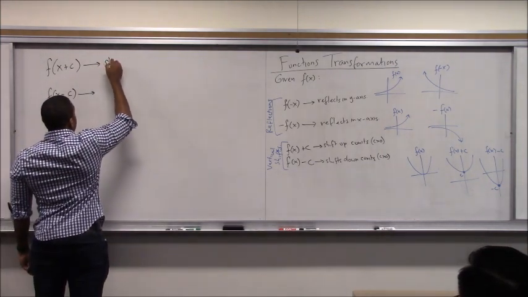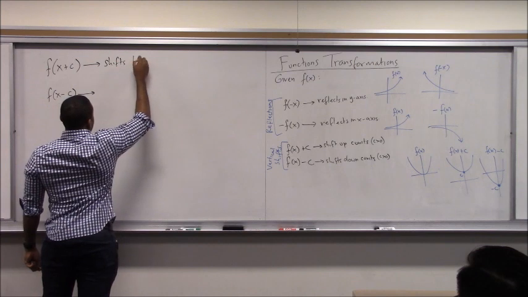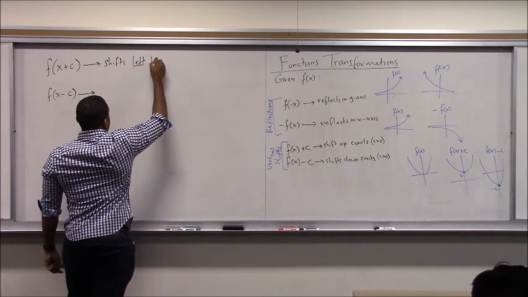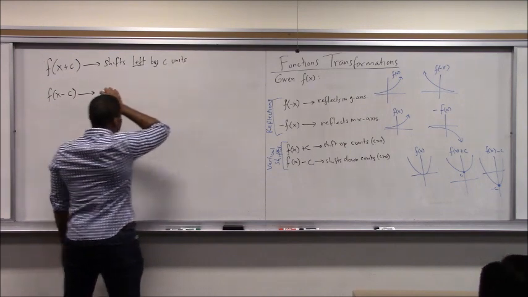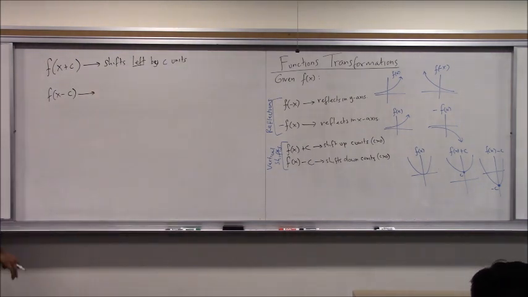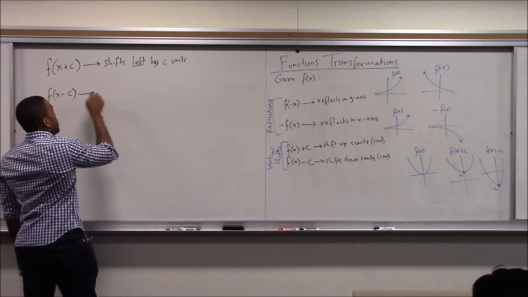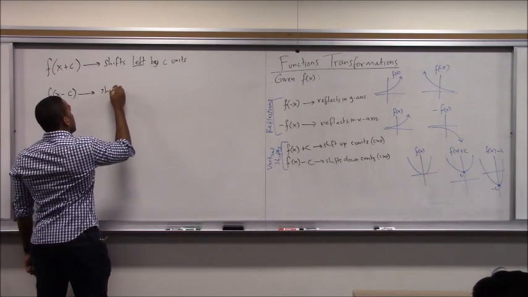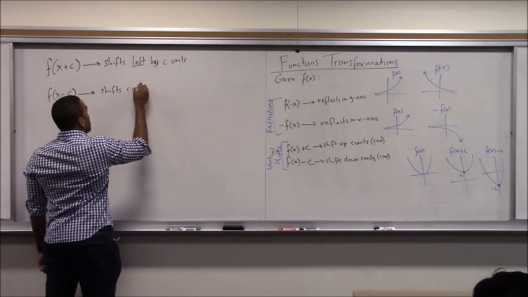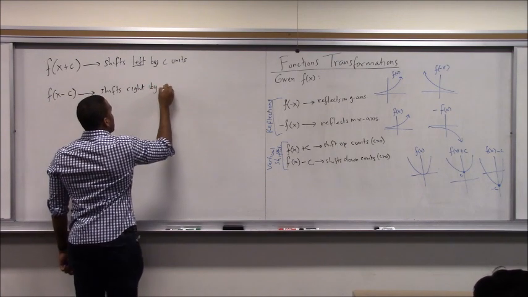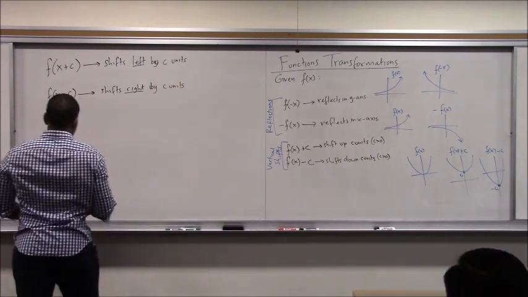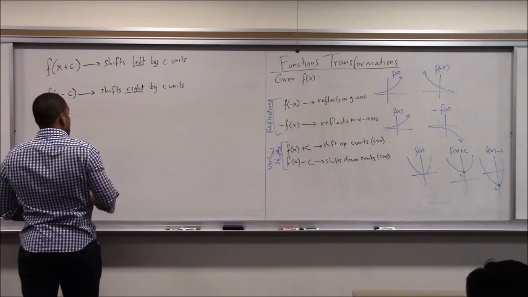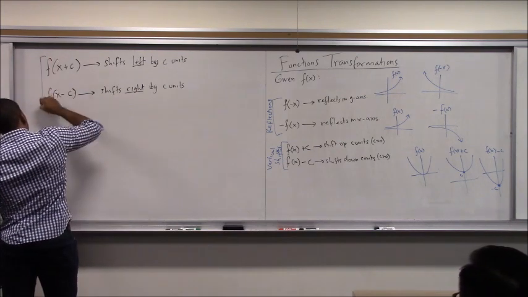This shifts left. The reason is the input value has to compensate in a different way than the output value for the change. This one shifts right. So these are the horizontal shifts.